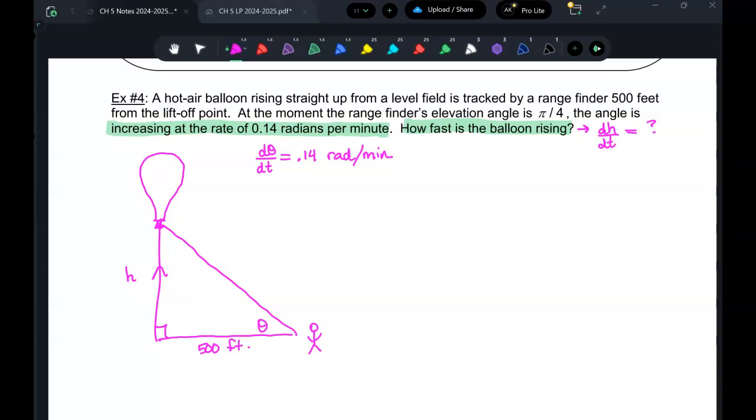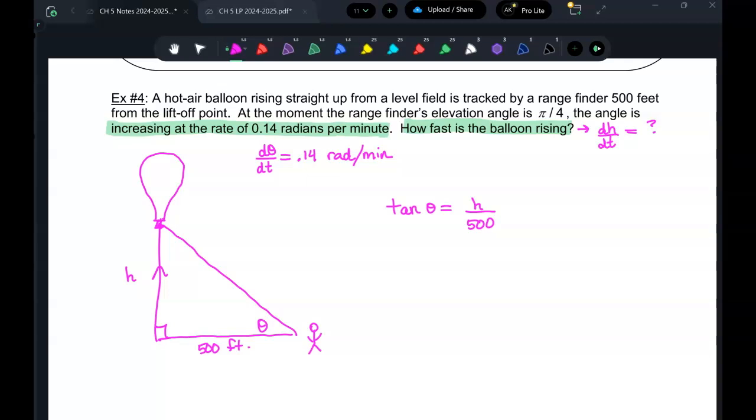What's the relationship between theta, h, and 500? We could use tangent again. Isn't h just going to be 500? No, 500 is the adjacent side. But if it's 45 degrees, then both sides will be equal.